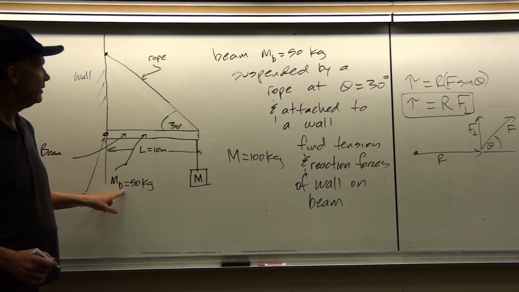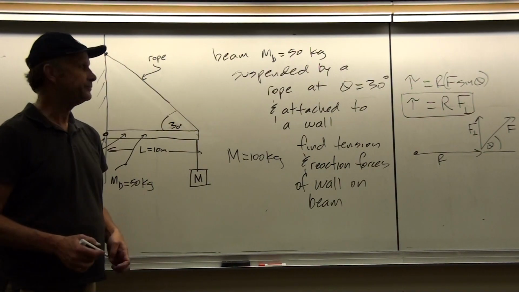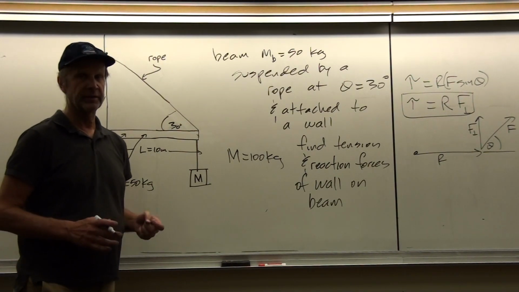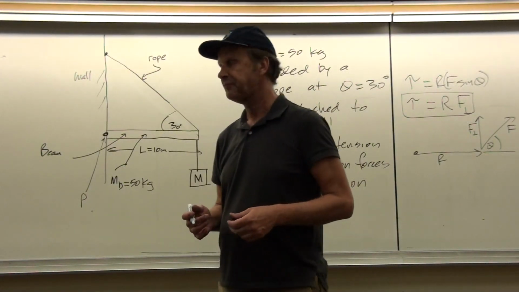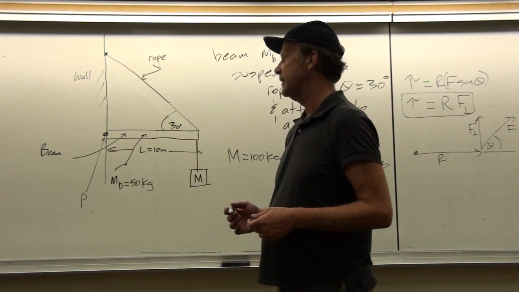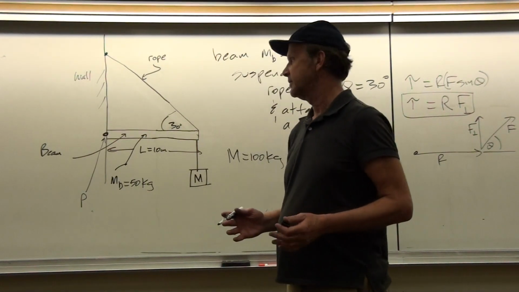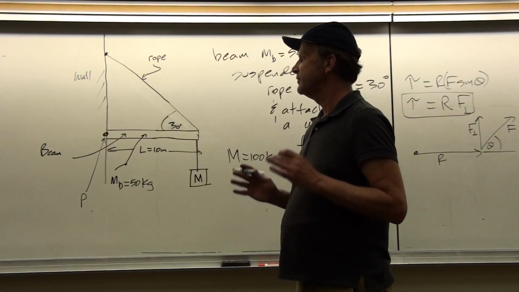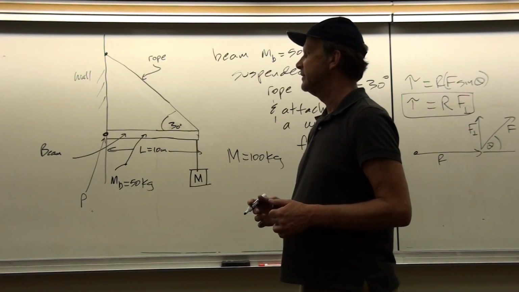Okay, so clearly we have forces that are acting here and torques. And so the first thing that I always recommend doing in a problem like this is to get a clearly labeled force diagram drawn. If you don't have the right force diagram, then everything else that you do from then on is going to be wrong. And so first we have to identify, well, what forces are acting on what?